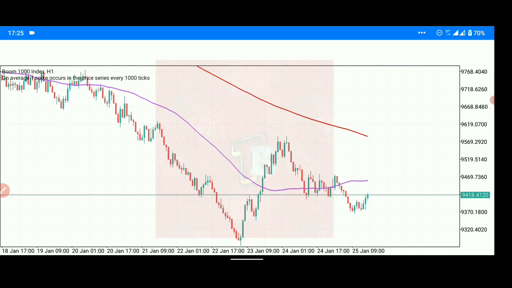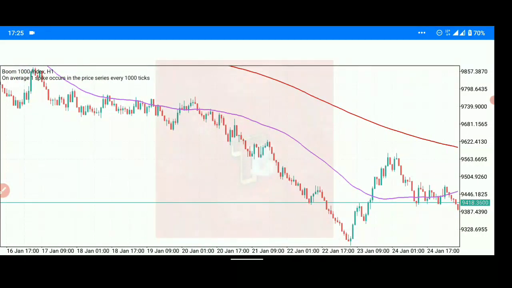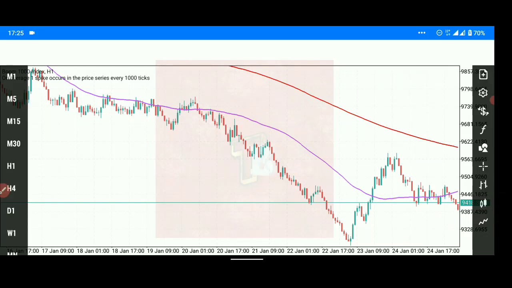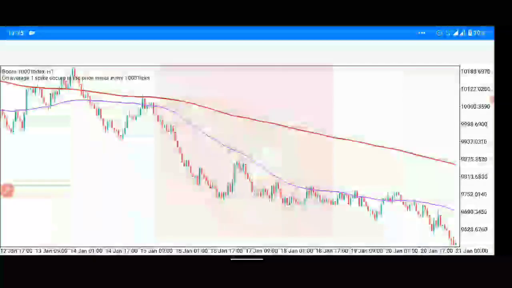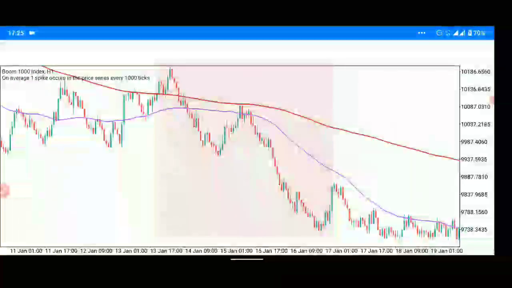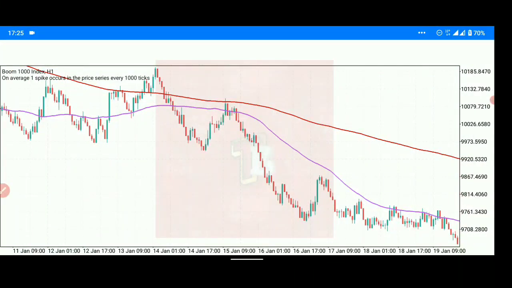Right now we have a selling market, and over here we have a crossover of our MA, that's our moving average. We have two moving averages here. This gives us a stronger trend, and shows us that this trend is going to be very strong because all candles are trading below it.